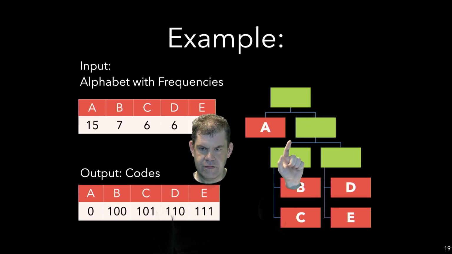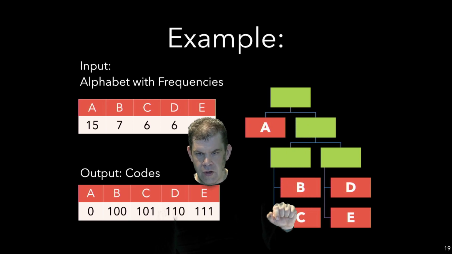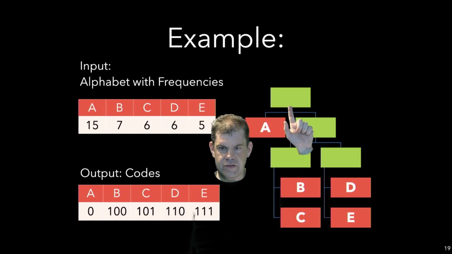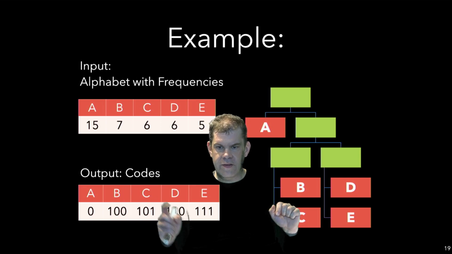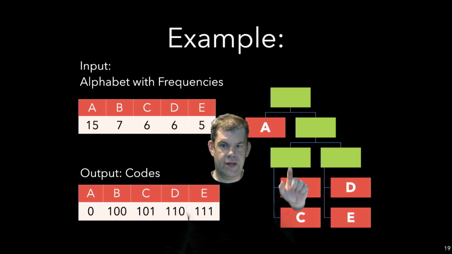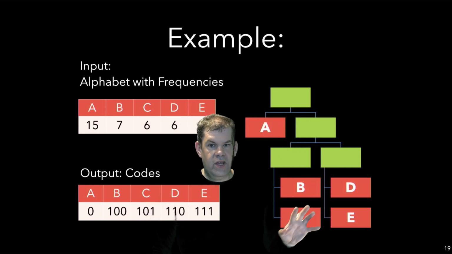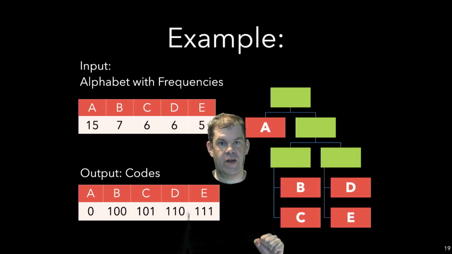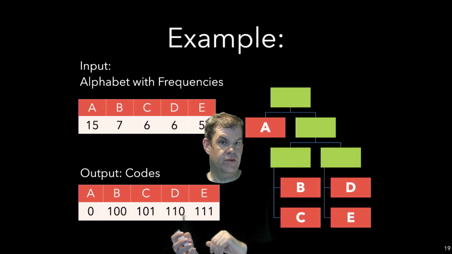Apparently that is the left entry, so I have to go right, left, left, which is 1, 0, 0. And to C, I have to go right, left, right, so I get 1, 0, 1, and so on and so forth. That's how you generate the code from this tree. To every leaf, you check where you have to walk, and you turn that into a sequence of zeros and ones.